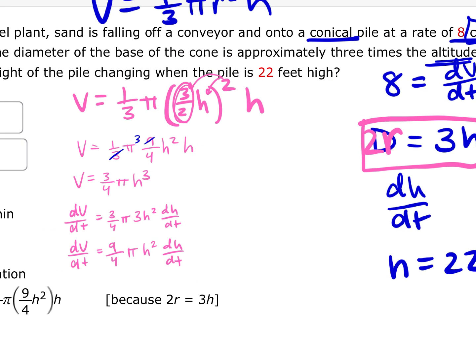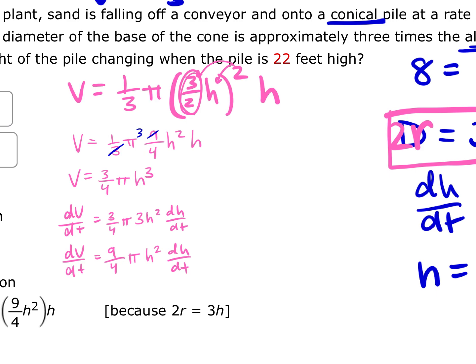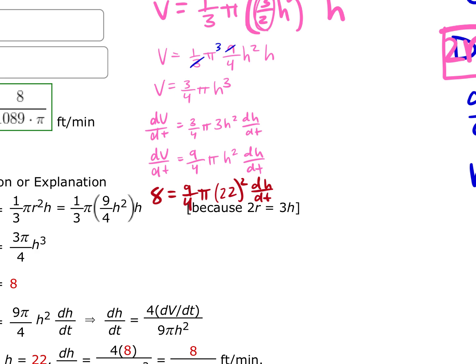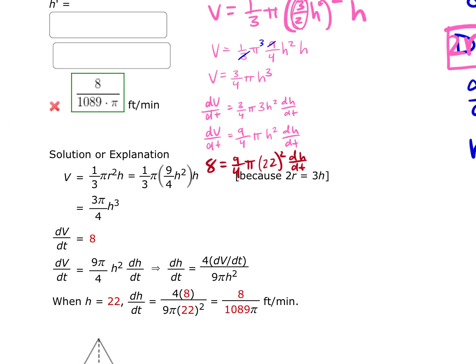Now let's plug everything in. dV over dt we said was 8. 9 over 4 pi. H is 22, so 22 squared. dH over dt is what we're looking for, so that's going to stay. From here, just put it in your calculator. 22 squared times 9.